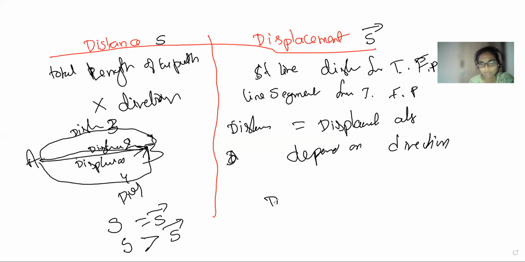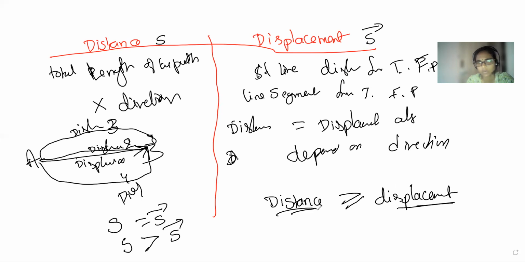So we can write the conclusion that distance is always greater than or equal to displacement. Displacement will never be greater than the distance. Displacement is the smaller one, distance is the larger quantity. Hope this concept of distance and displacement is clear, children.